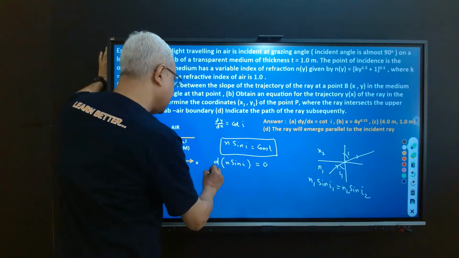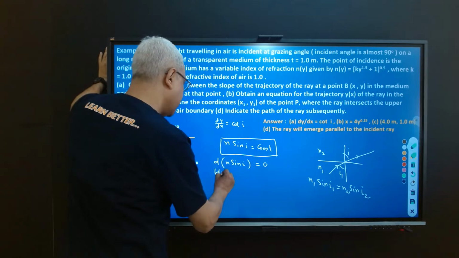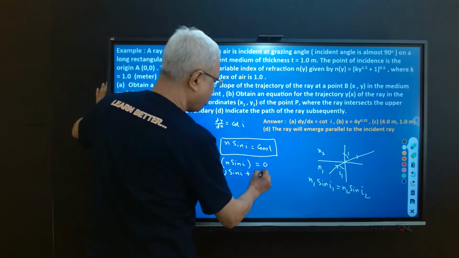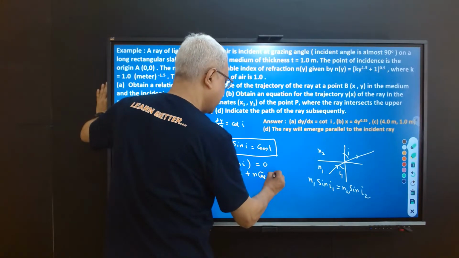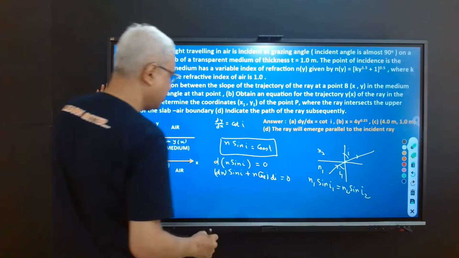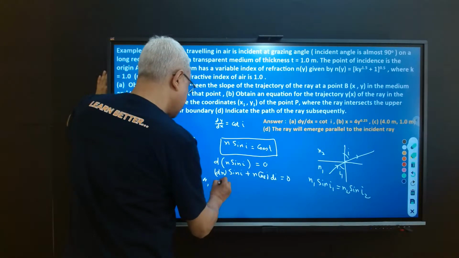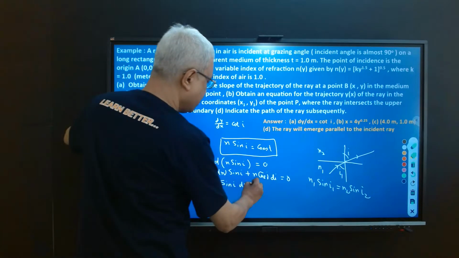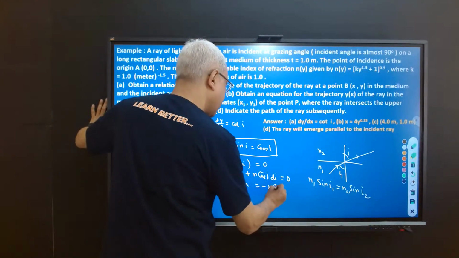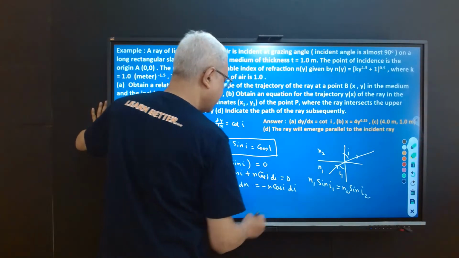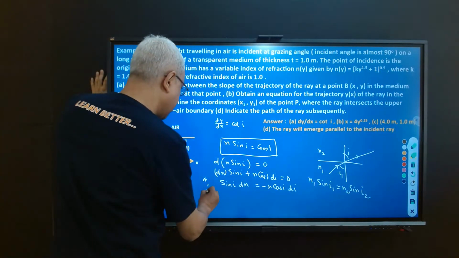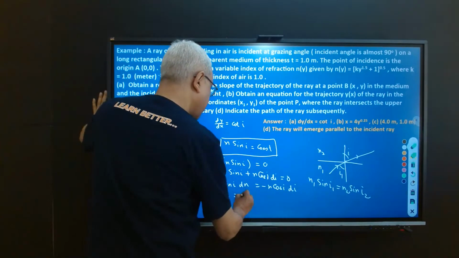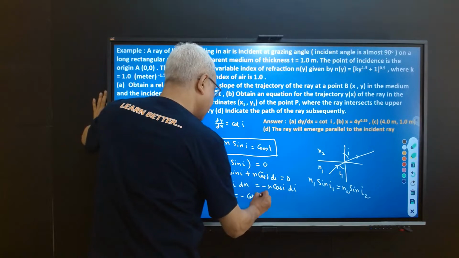Okay, so it is dn sin I plus n cos I di equal to 0. So we can write sin I dn is equal to minus n cos I di. So I can write dn by n is equal to minus cot I di.